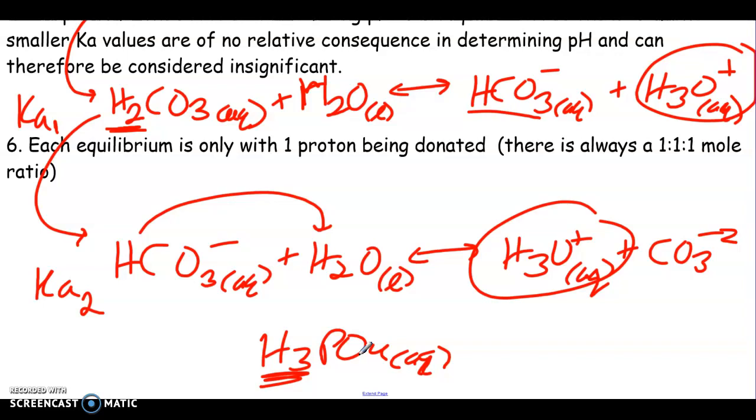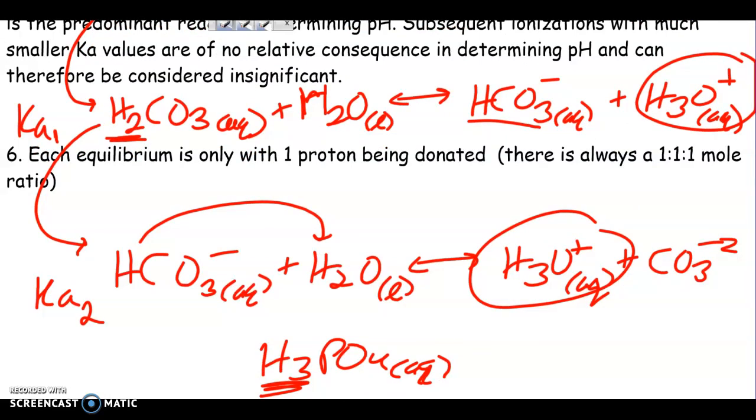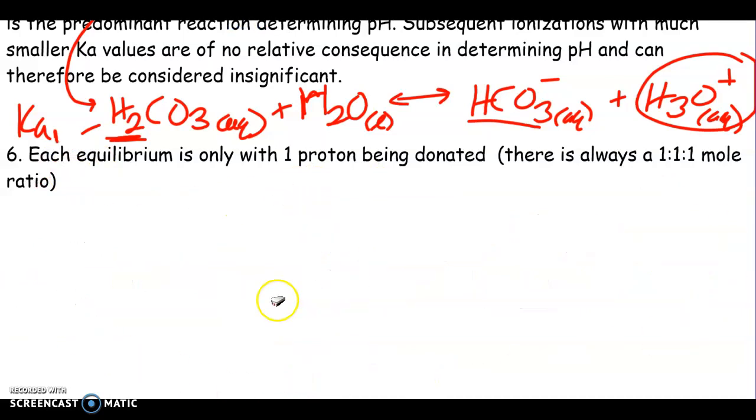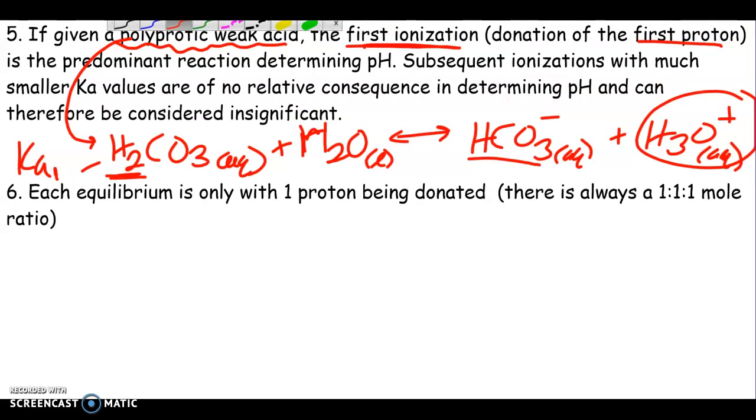Those K values are not equal, and you will only ever consider the very first one to leave. Sometimes students get confused and want to calculate both hydroniums and then add them up. It doesn't really change the pH a whole lot.